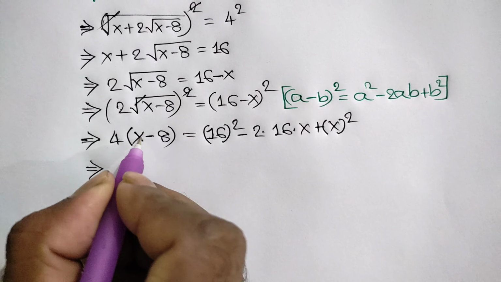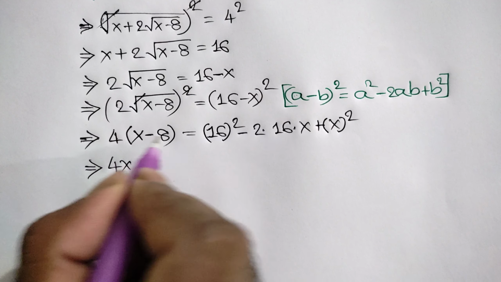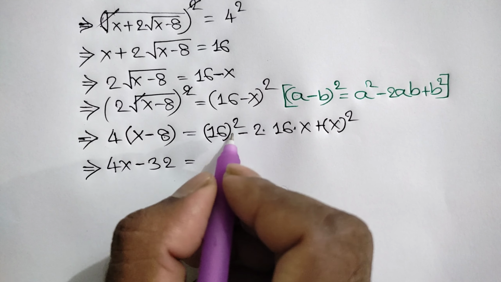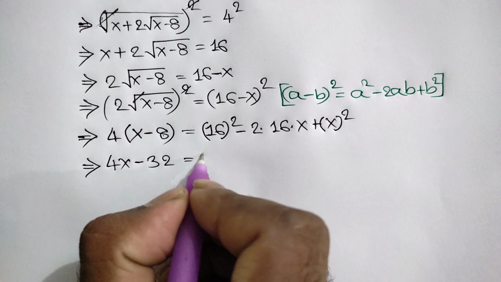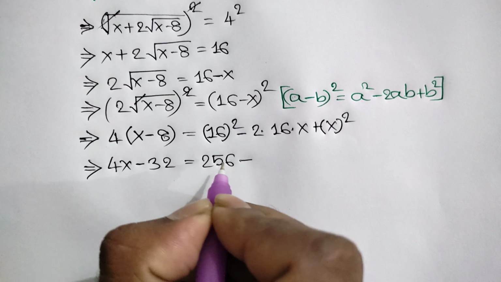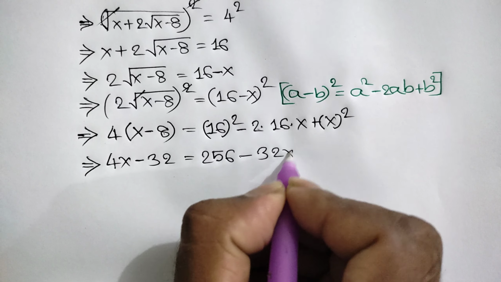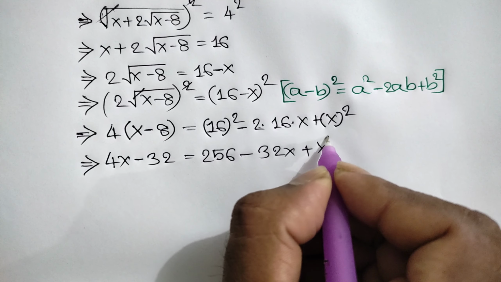Now 4 times x is 4x, 4 times negative 8 is negative 32, is equal to 16 square, that means 16 times 16 is 256, minus 2 times 16 is 32 times x is 32x, plus x square.